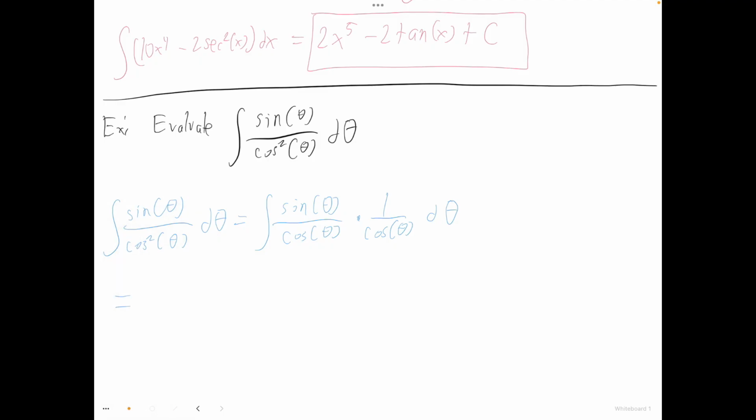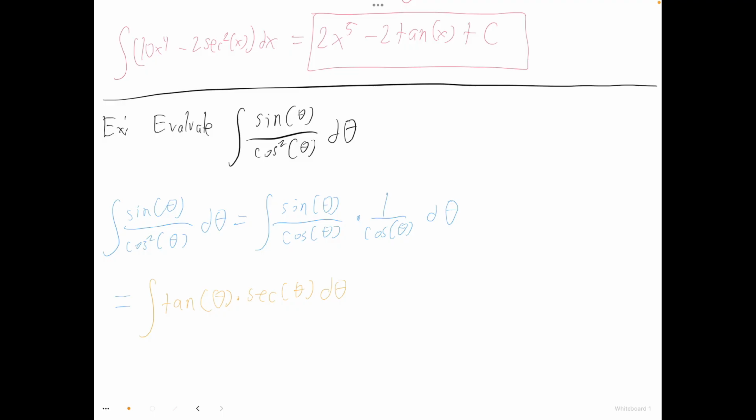Okay, so now using our properties here, we have sine of theta divided by cosine of theta, but that's just tangent, so we're going to have tangent of theta. And then 1 over cosine is secant, so we just get times secant.